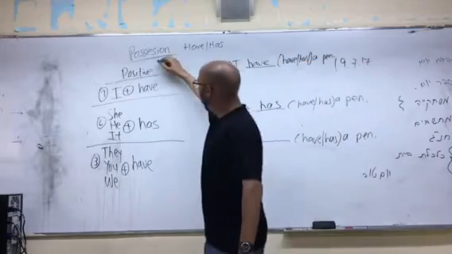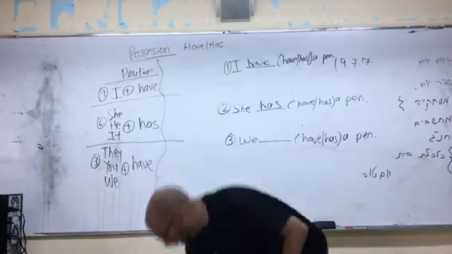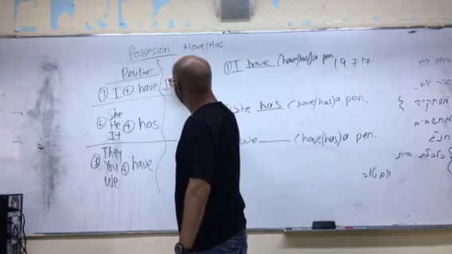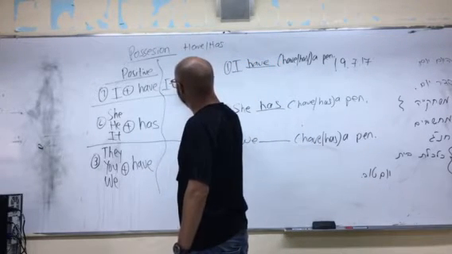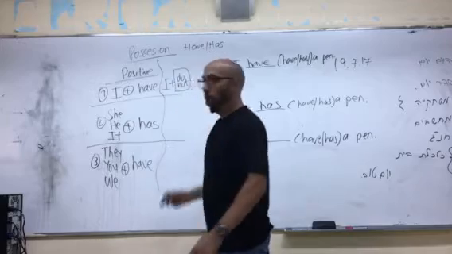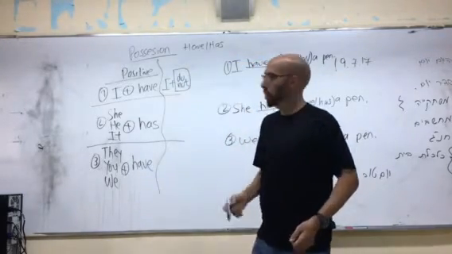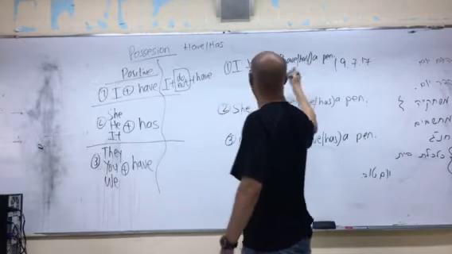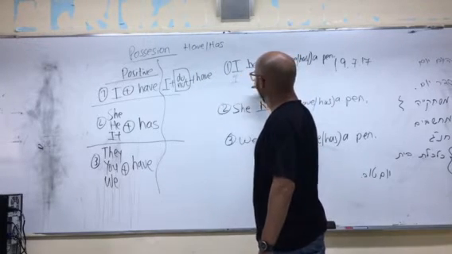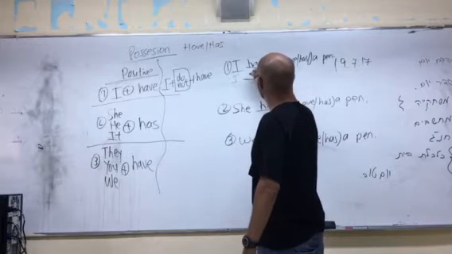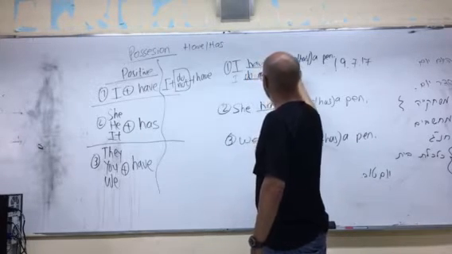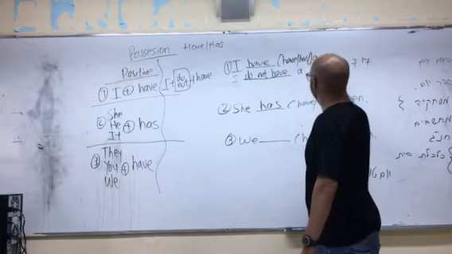Now, that's for the positive. If I want to look at the negative, how do I do the negative? I plus do not or don't have a pen. I do not or don't have a pen.